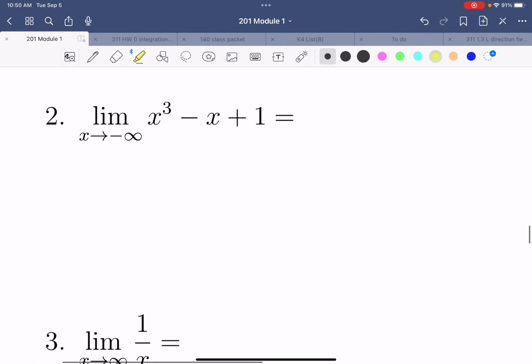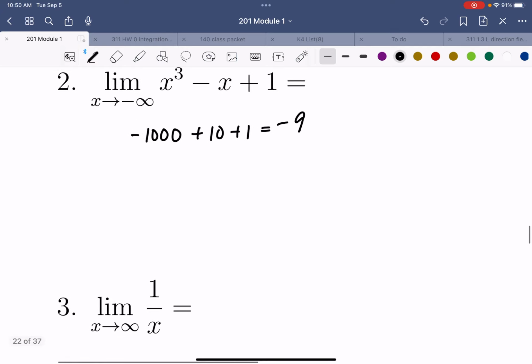You can also go as x goes to negative infinity. So we think about plugging in negative 10. That's going to be negative 1,000 plus 10 plus 1, all right? And that's going to give us something negative large, right? Then 900, subtract 10, we go to 90, 89.